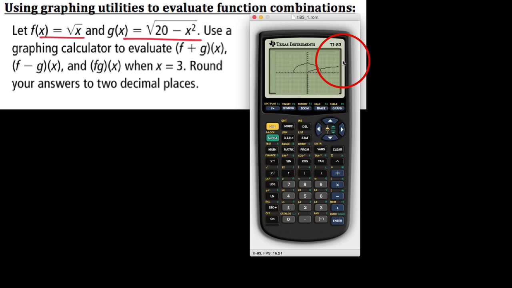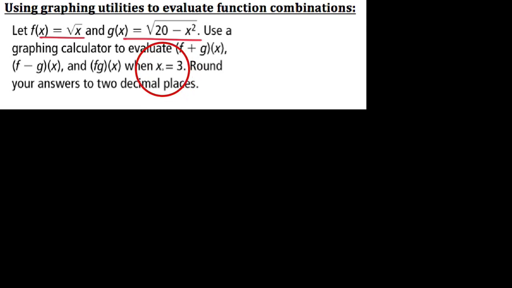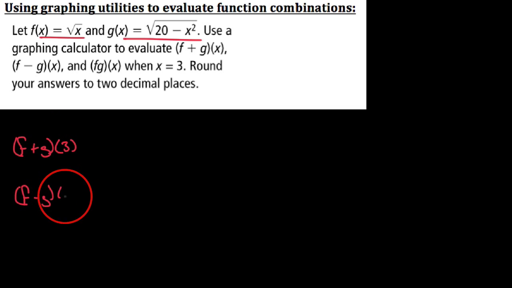So what we're going to do is this. We want to use this calculator to find f plus g of x, f minus g of x, and f times g of x when x is equal to 3. So in other words, here's what we mean. We want to find f plus g of 3, f minus g of 3, and f times g of 3.